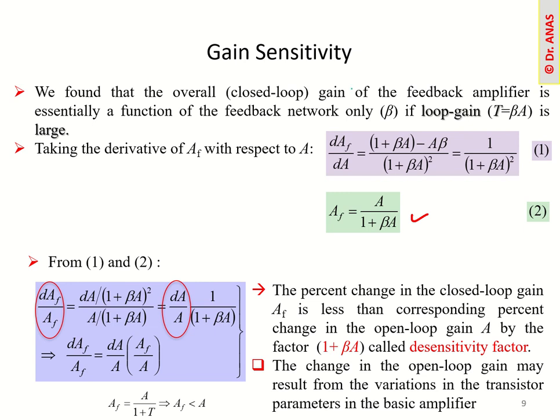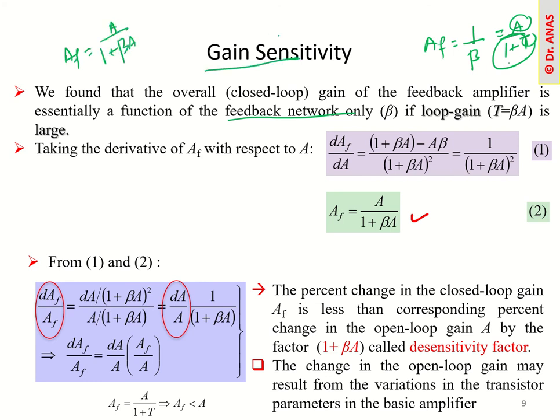For example, it is approximately 1 over beta, or A over 1 plus T, so it depends on the feedback network components. Now we want to find what will be the change in gain, so we will take the derivative of the equation AF is A over 1 plus beta A.